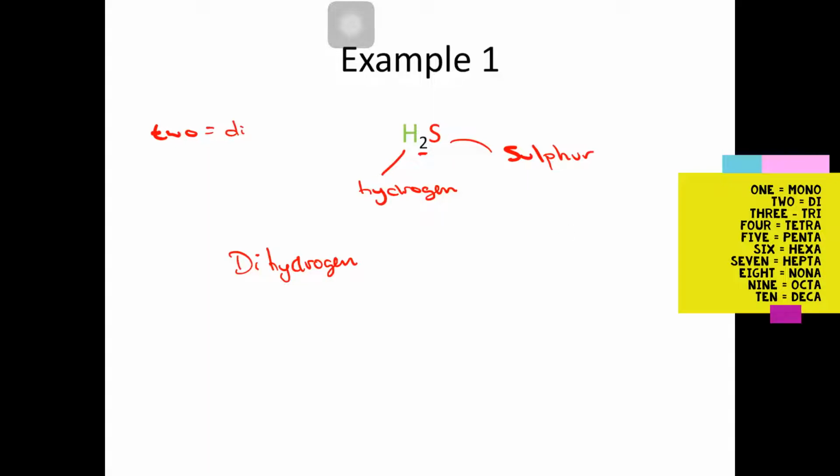And there's 1 sulfur. And just before I finish, you might be thinking to yourself, hey, is this going to be monosulfur, or is it going to be monosulfide? Well, just like in an ionic compound, we also need to change the ending to IDE to indicate that this is a compound. And so this compound is now called dihydrogen monosulfide.